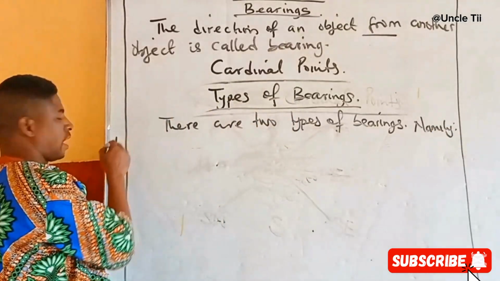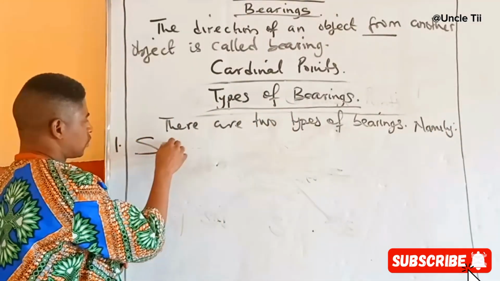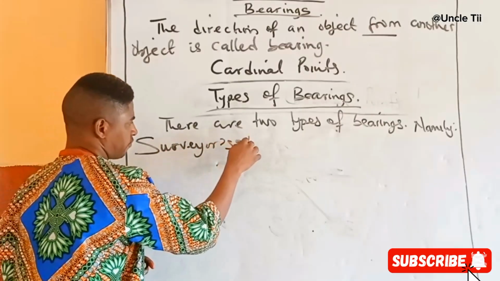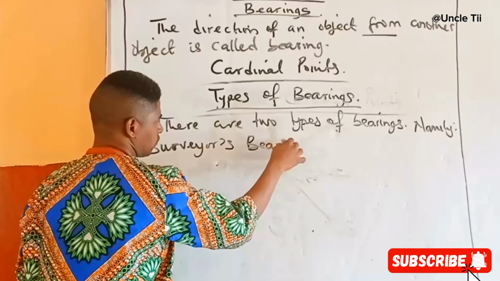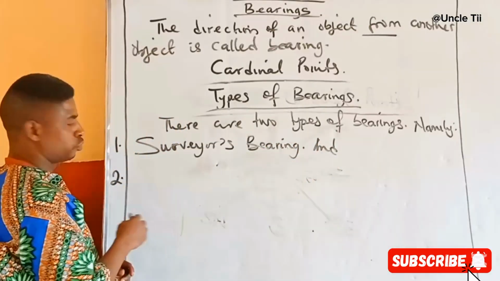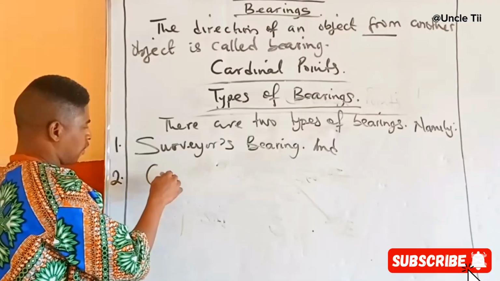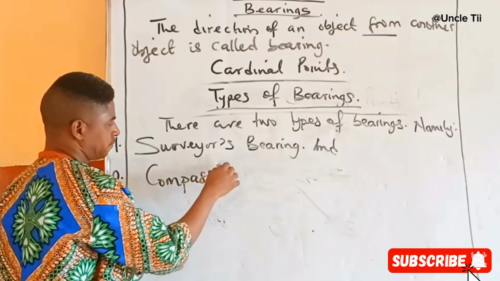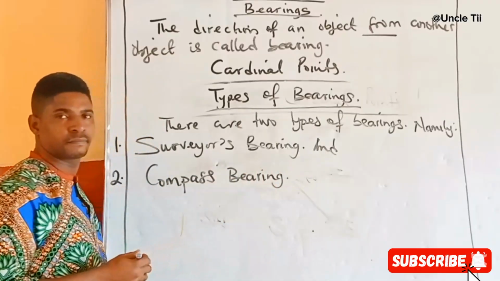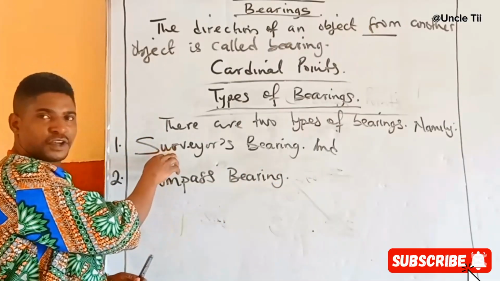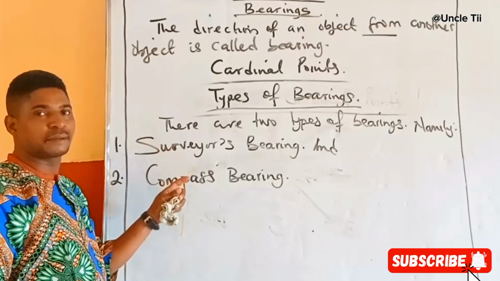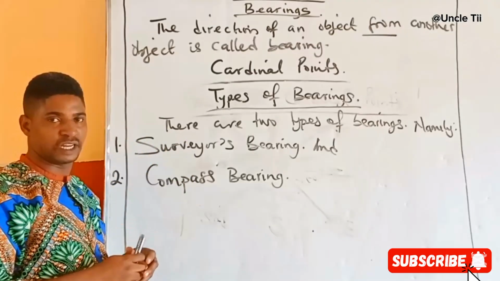Namely, 1, surveyor's bearing, and 2, compass bearing. Surveyor's bearing and compass bearing are the two types of bearings that we have.